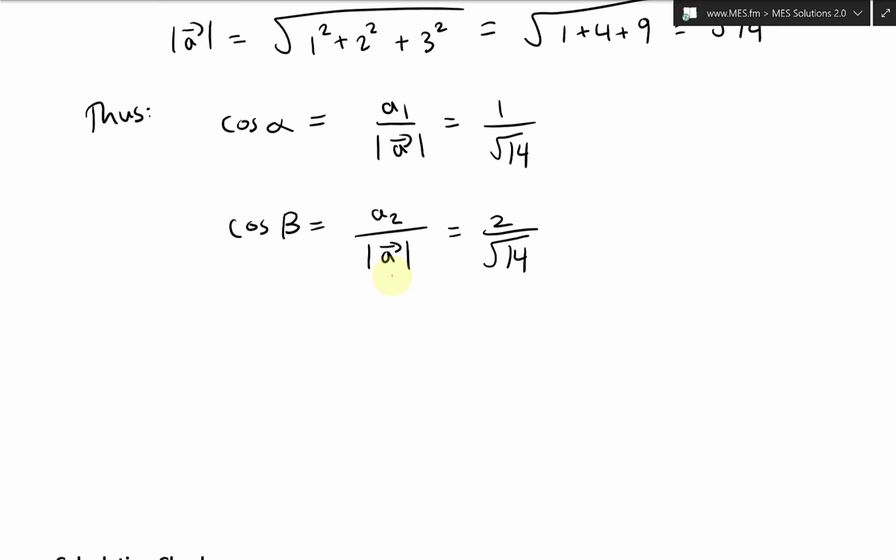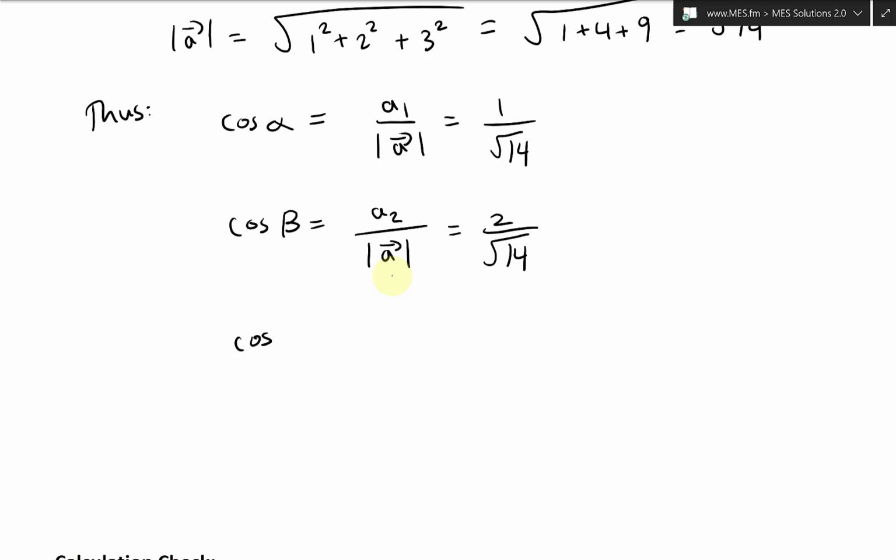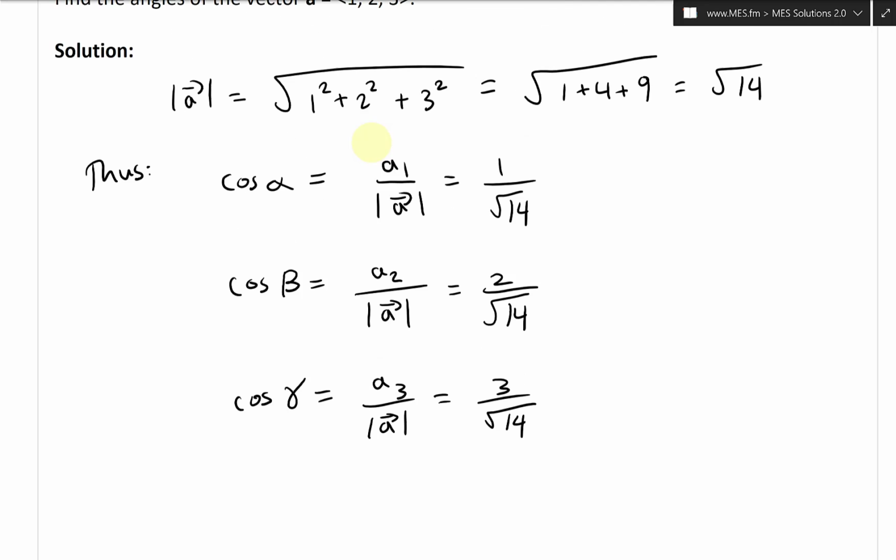And then cosine gamma equals A3 over the length A, which equals 3 over square root 14. Alright, so that's what we have here.